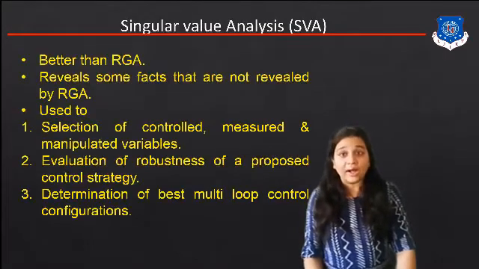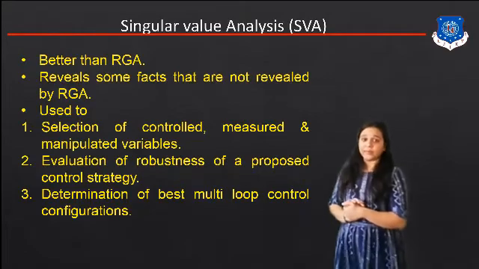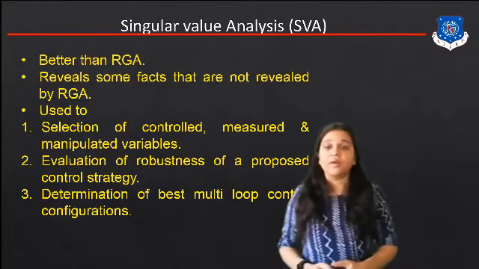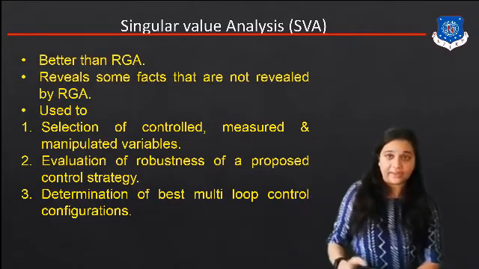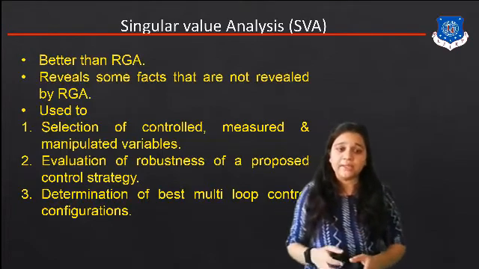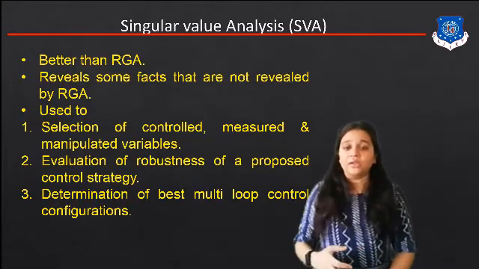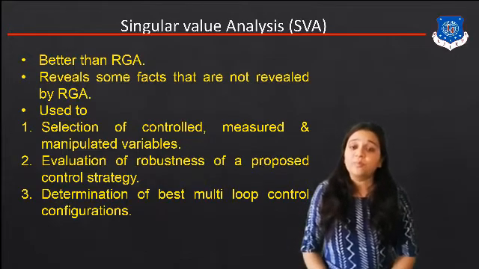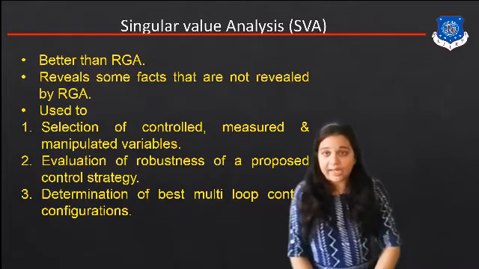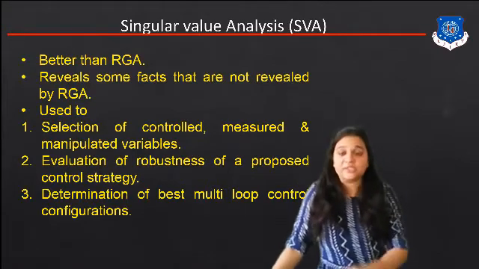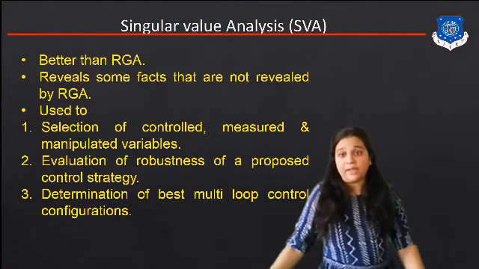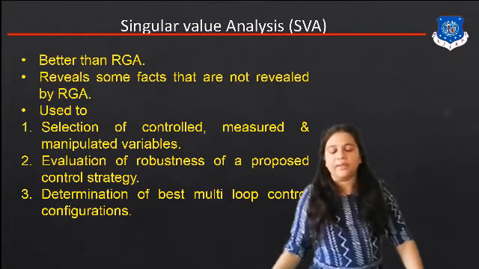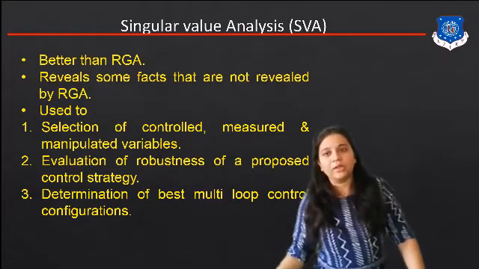Okay. Now, how singular value analysis is applicable for this particular multi-loop system, we will take one example using the singular value analysis. We have to continuously check that one loop and the other loop are not affected by each other, and then we have to check that the best multi-loop configuration is there, if the selection of the controller is best for this particular system, and we have to select the measured and the manipulated variables for the particular multi-loop system.